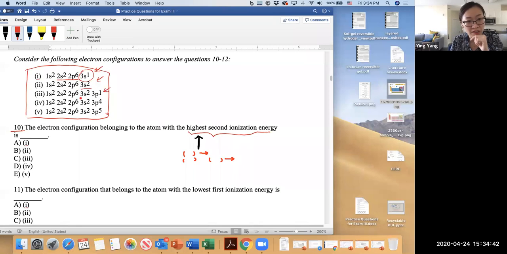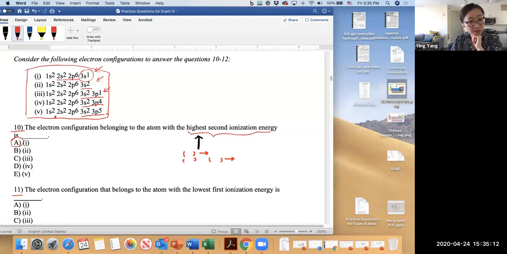But the rest all have more than one electron in the valence shell, so they don't have to remove an inner shell electron. So the answer here is A. Whether it asks for the highest second or highest third ionization energy, the first thing you look for is the inner shell electrons.